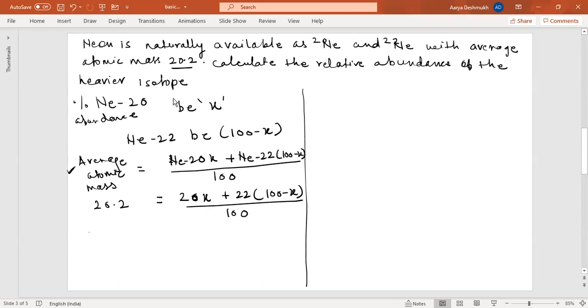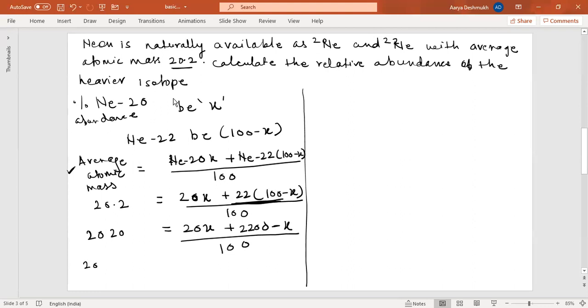Now you solve this, cross multiply this 20.2, okay, equals to 20x plus 22 into the bracket. Just solve this bracket here, 2200, minus 22x divided by 100. I'm just solving the bracket, nothing else.